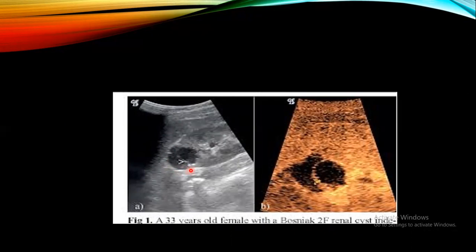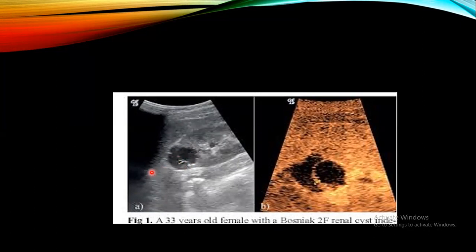How can we manage Bosniak 2 classification? First, we have to reassure the patient, and second, we have to follow the patient every 3 to 6 months to see whether there is an increase in the size of the cyst, or an increase in the irregularity, or an increase in the echogenicity of the cyst.